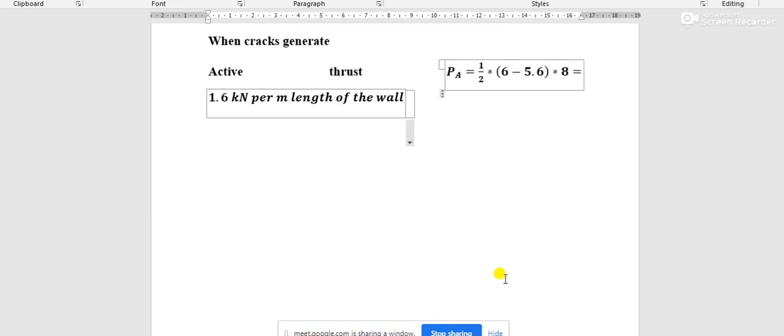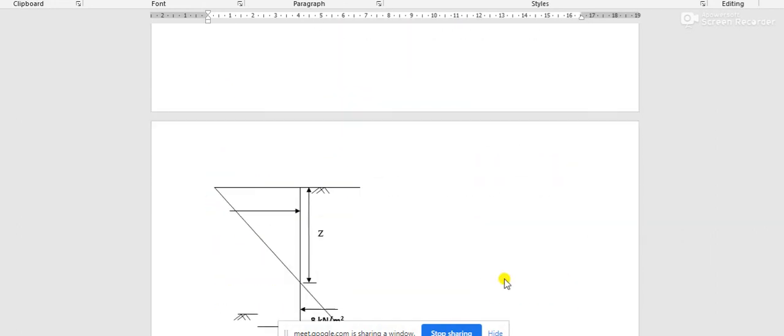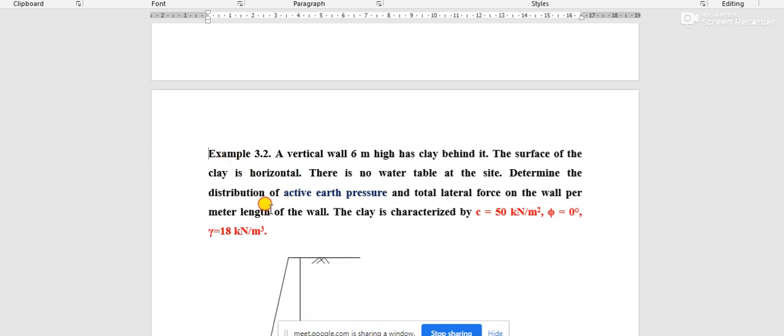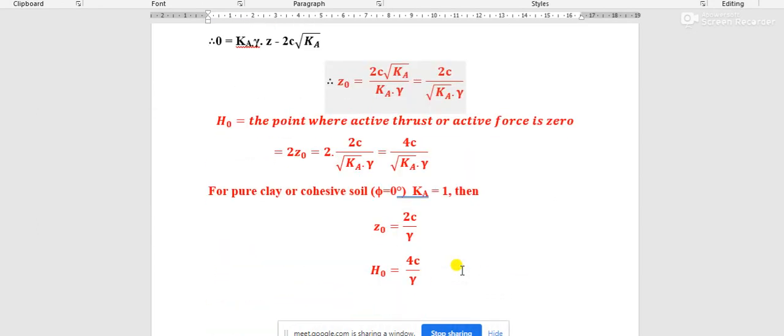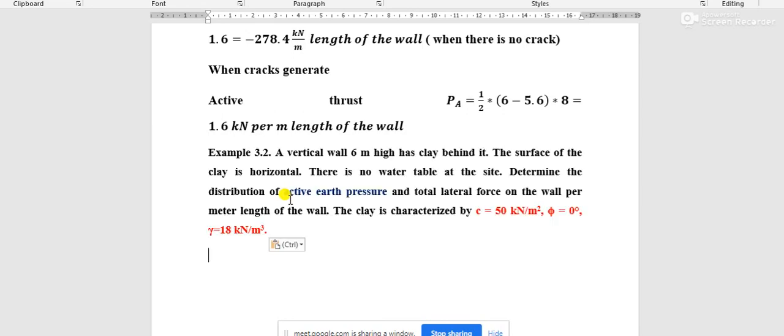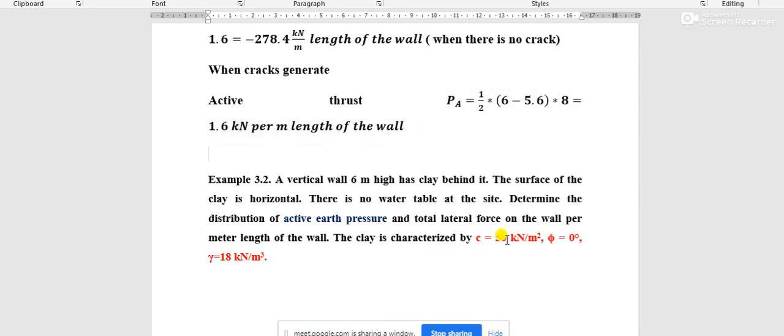Now I am giving one problem for your assignment. Same problem, but I am changing some data. That is, the value of C is 5 kN per meter square and the value of phi is 20 degree.